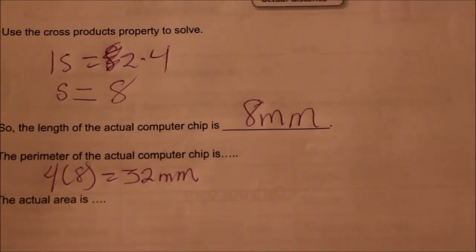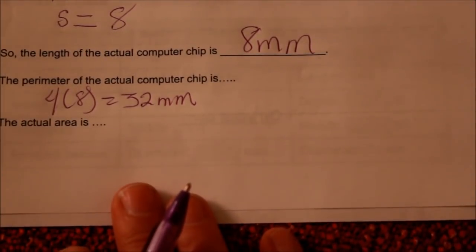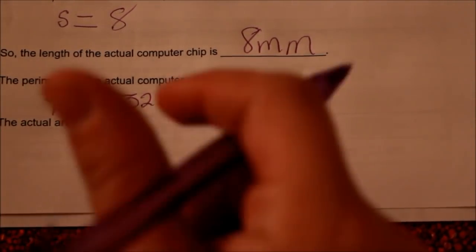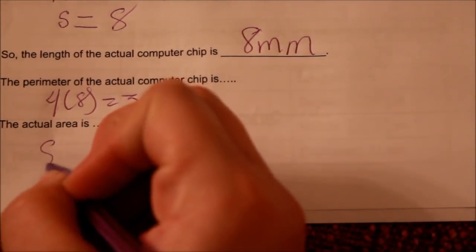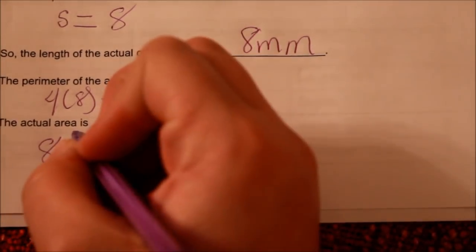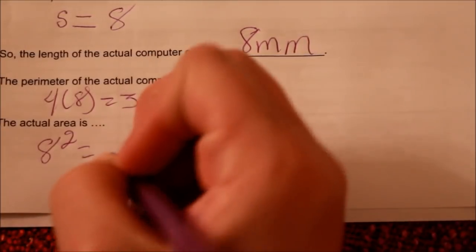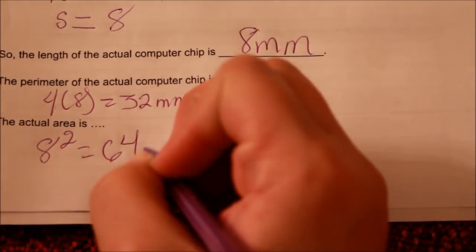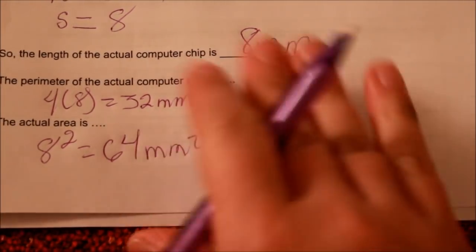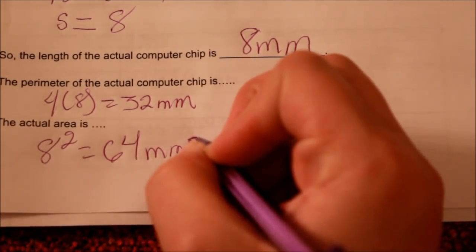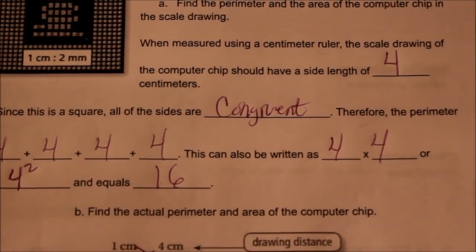So the actual area of this computer chip is going to be what one side is squared. 8 times 8, we would have 64 millimeters squared. Now please note, these are millimeters. Up here we had centimeters.